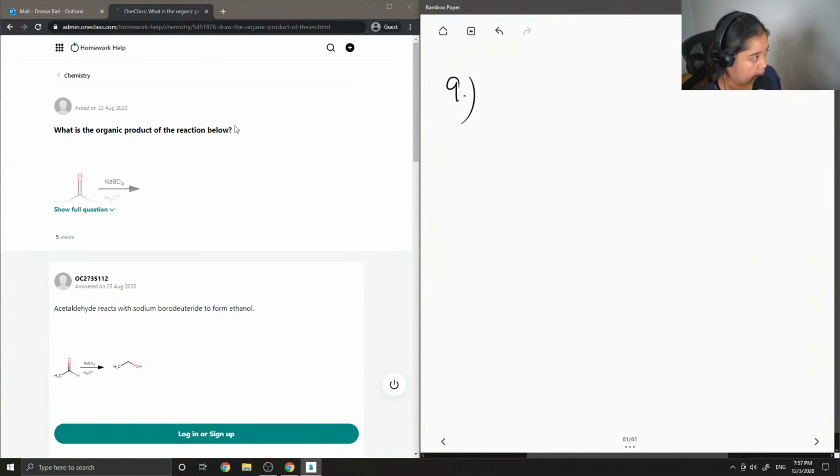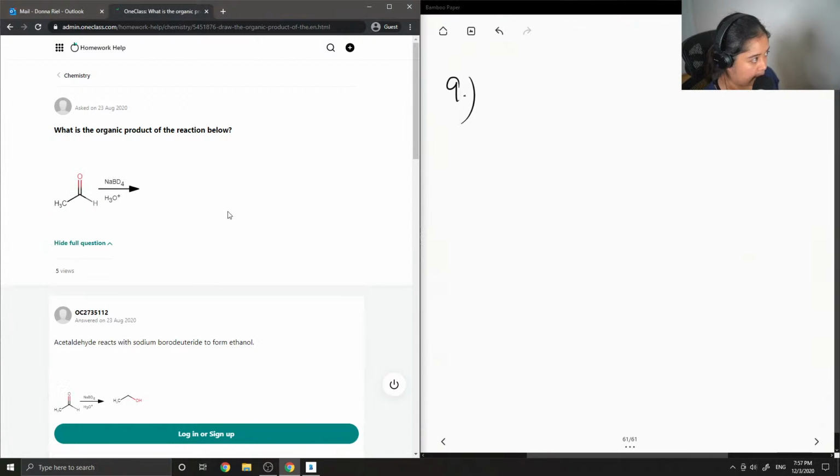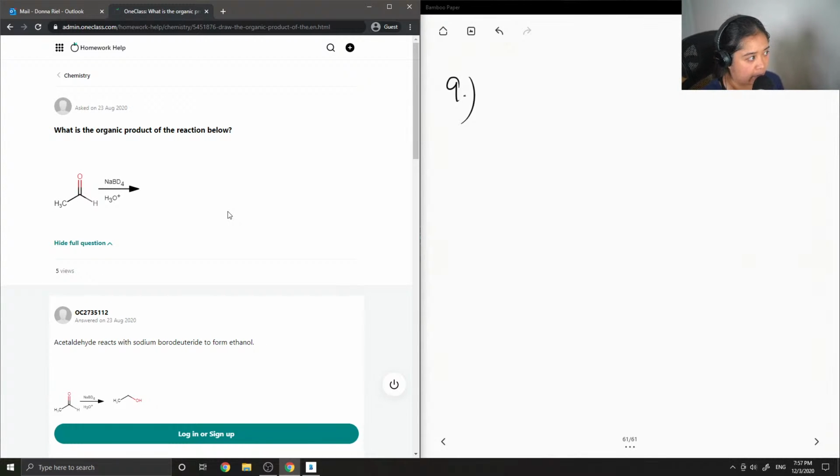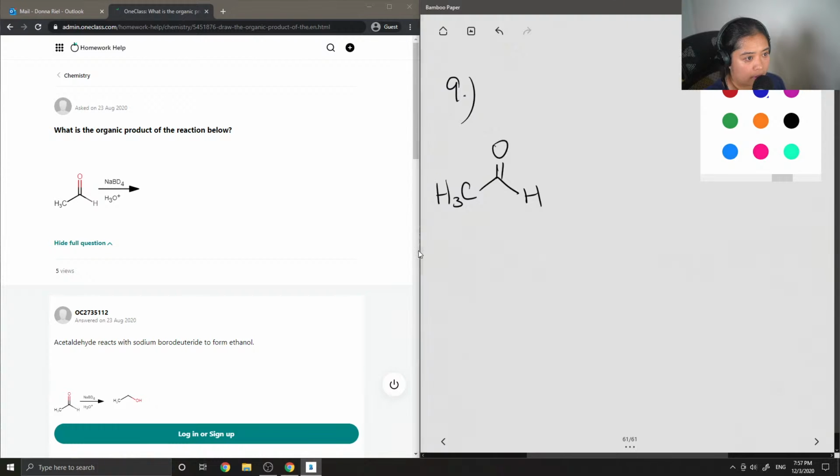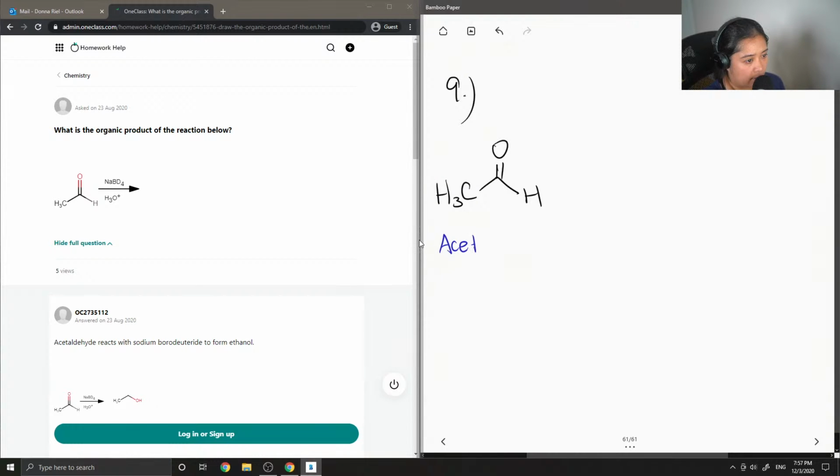Okay, so question 9 asks, what is the organic product of the reaction below? Okay, so here we have acetaldehyde.